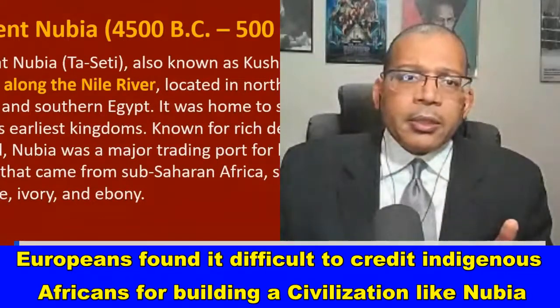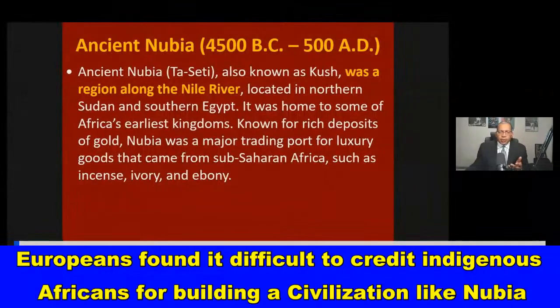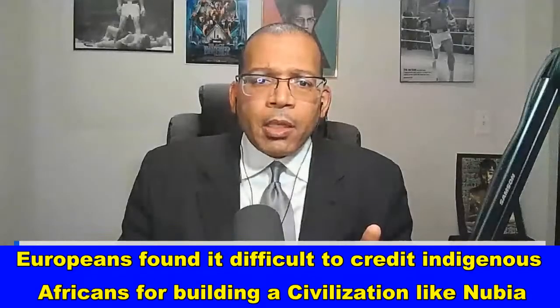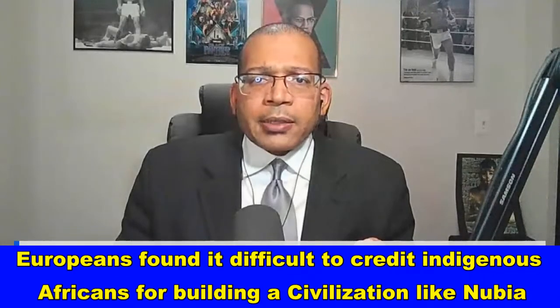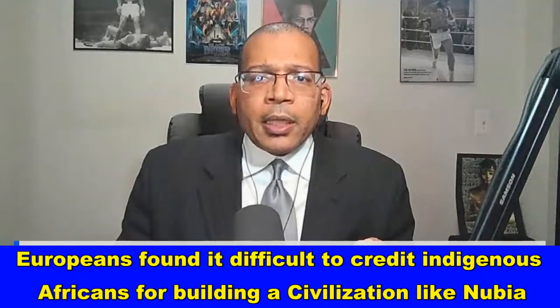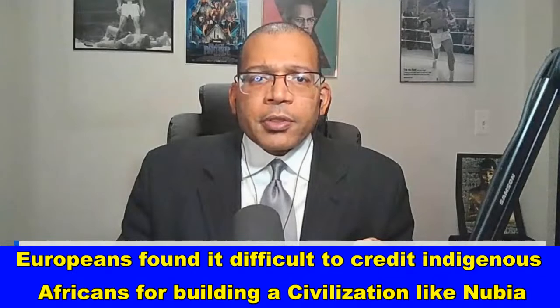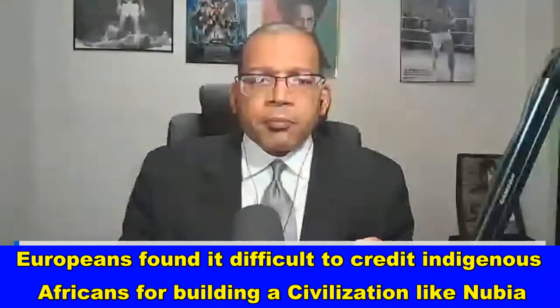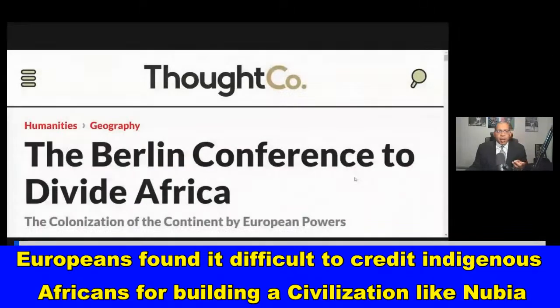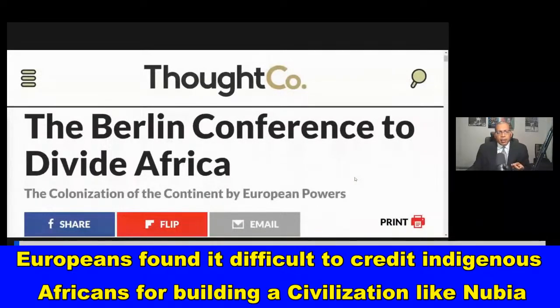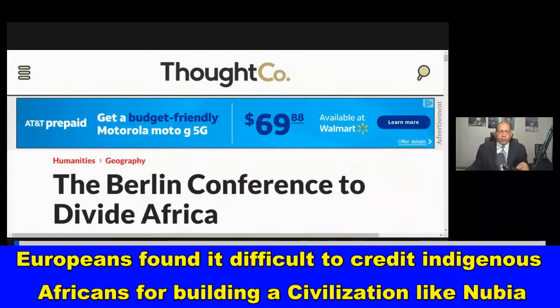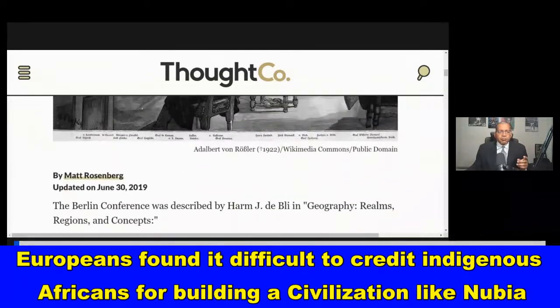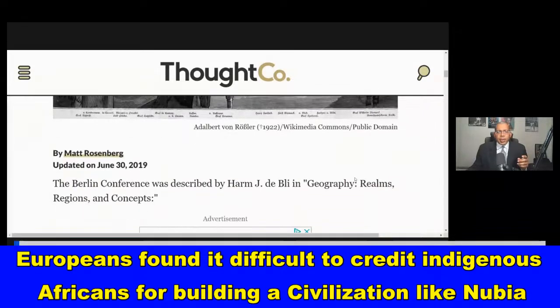There's a good article from thought.co, okay, and it's on the Berlin Conference. This one right here, the Berlin Conference to divide Africa, the colonization of the continent by European powers. This article is from June 30th, 2019.